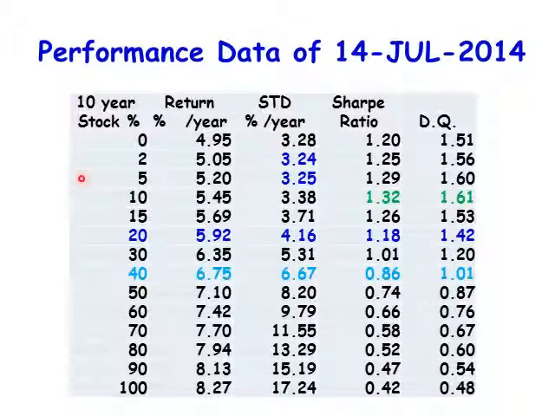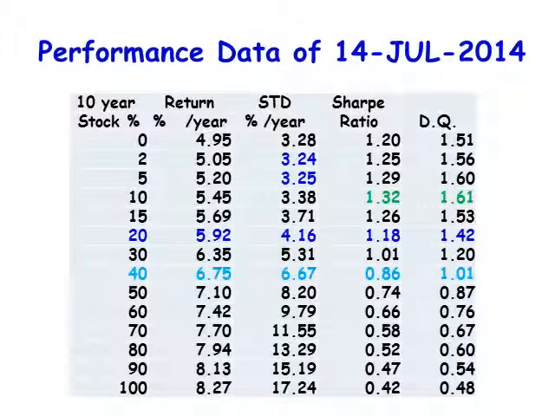The least standard deviation happens at a stock allocation of 5%, and the return is 5.20%. Standard deviation is 3.25. The fourth column is for Sharpe ratio, and the fifth is for DQ. The highest Sharpe ratio is for the 10% stock allocation, and for the same allocation of stocks, the highest DQ is also highest.